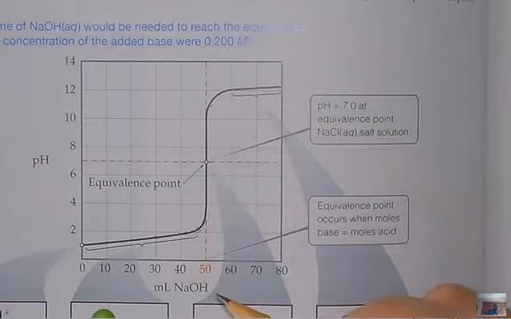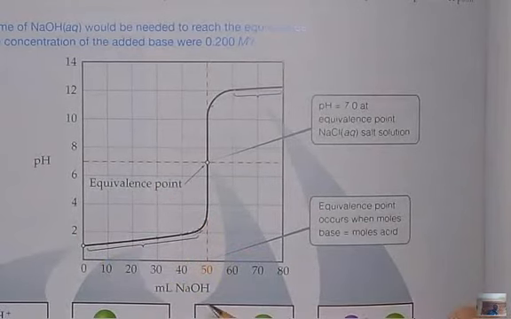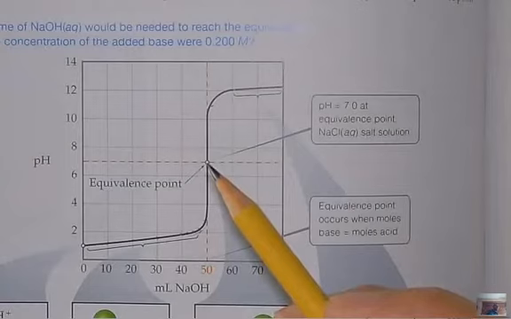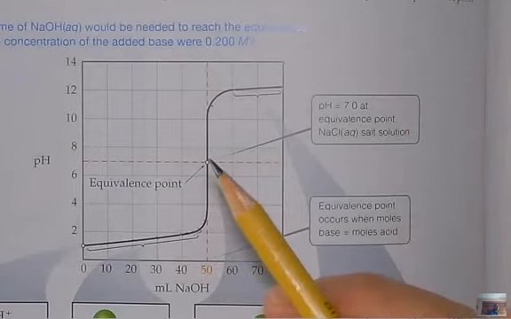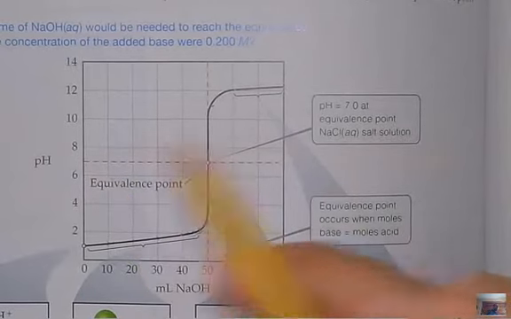So in this case, I'm titrating the strong acid HCl with the strong base sodium hydroxide. My very special point, the point when the moles of acid have been totally neutralized by the moles of base, is 50 milliliters. And the pH of all solutions that occur at the end point of the titration of a strong acid with a strong base is pH 7.